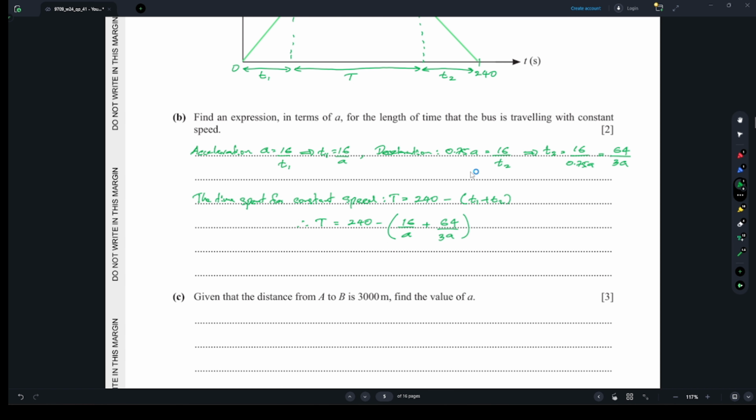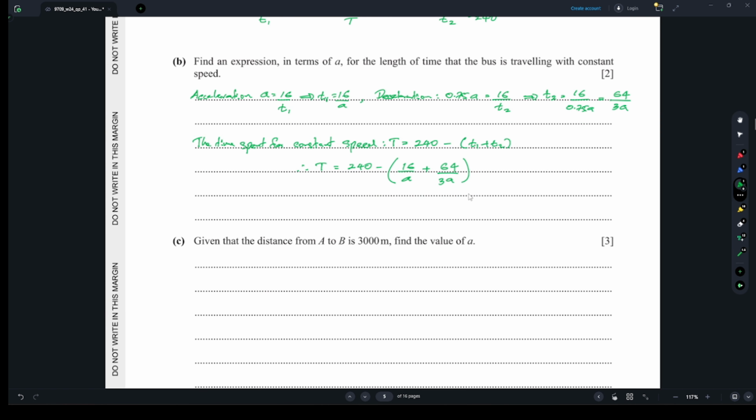If you want, you can simplify this further, and so T equals 240 minus, here you have 16 plus 64 over 3, so you will have 112 over 3a.